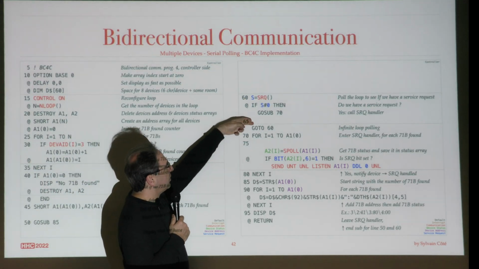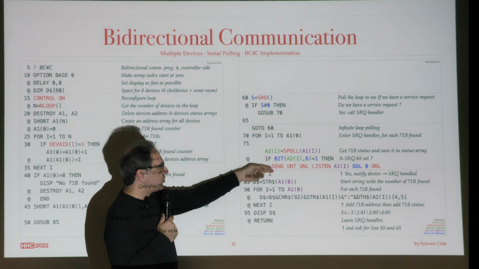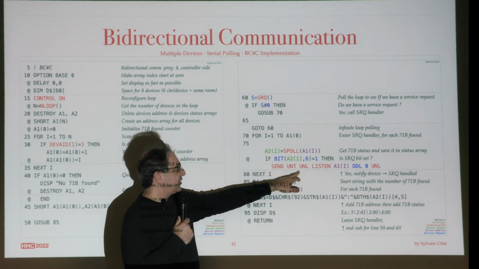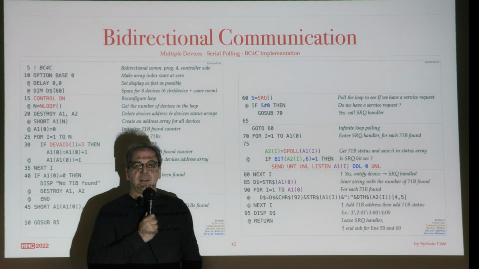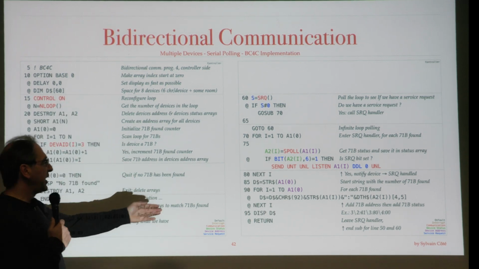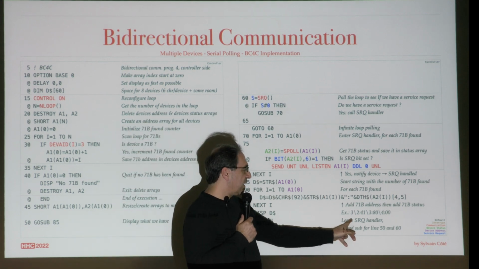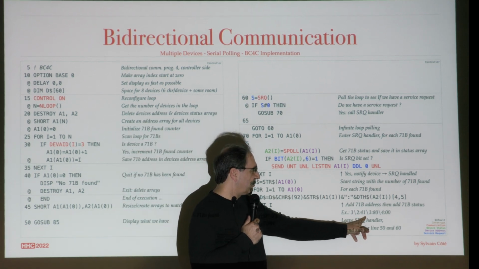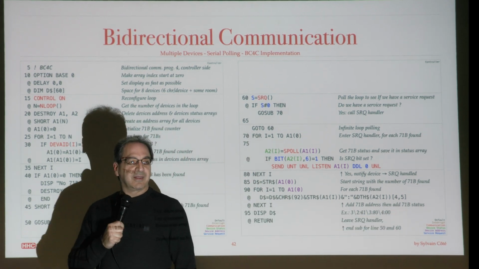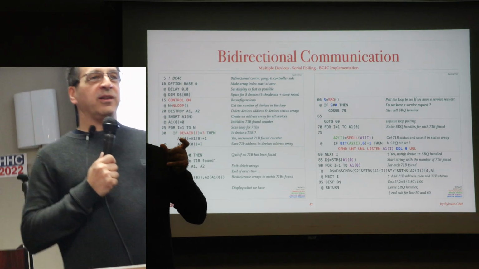I'm going to send a service request. If the value is different than 0, I'm going to go through each one, and if the service request bit is set, I'm going to send the DL0, but only for that device that has been received. And then after that here, I'm showing what I've received. I have 3 devices. The device 2 was 41, the device 3 was 80, the device 4 was 0. So I can see live who is changing what when.